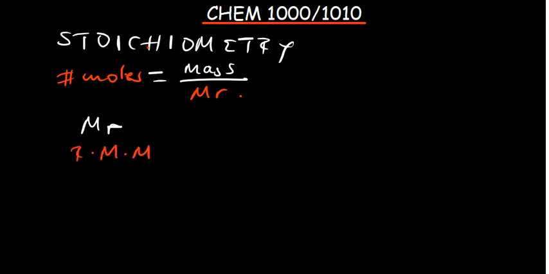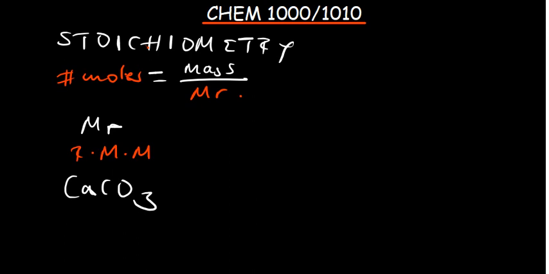For example, calcium carbonate. For calcium carbonate, we don't call what you calculate the molar mass, we call it the relative molecular mass, because it involves determining the total of the relative atomic masses of each atom or element that is part of that compound.